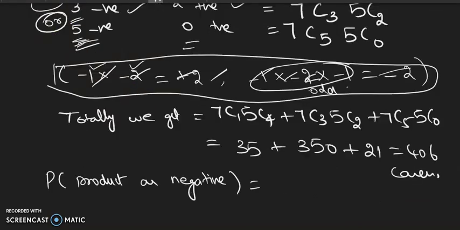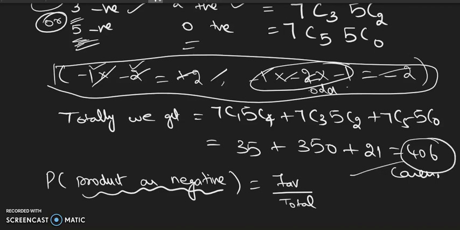Okay. Now to find the probability, always remember the formula: favorable by total number of cases. So I want the product as negative. How many cases will I get? 406 cases are favorable to me, right? 406 cases will give the product as negative. What is the total actually?